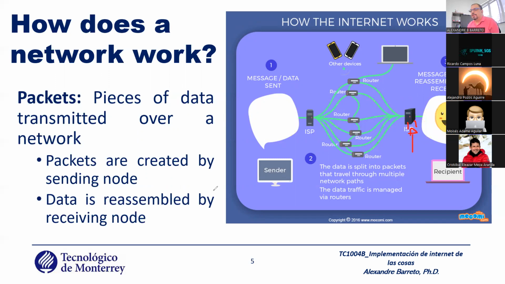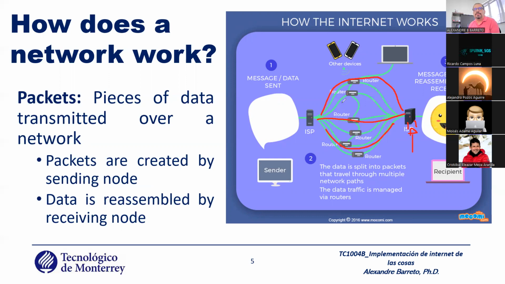Remember that, as you can see in this picture, you need to break the information into small pieces. And you cannot assure that the pieces follow the same path. For example, one piece goes through this path, another one through this path, another one through this path. When you transmit, you have some knowledge about the best path to send the packets.